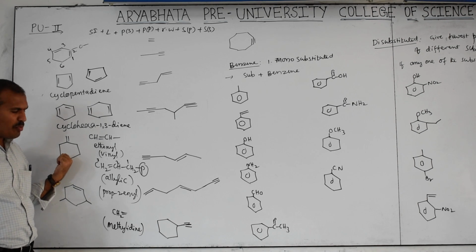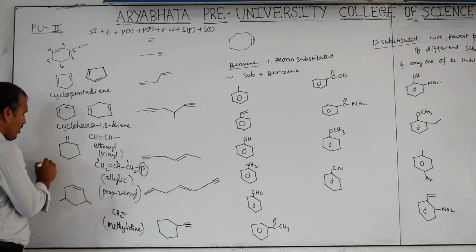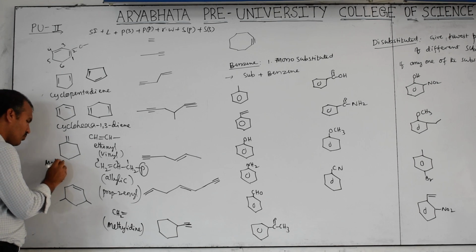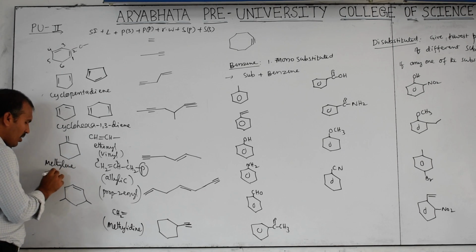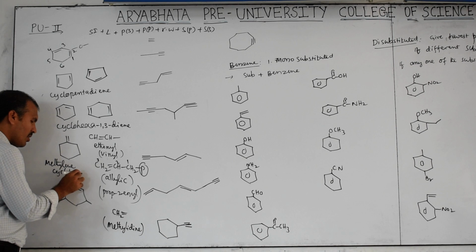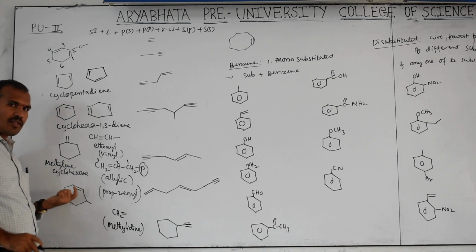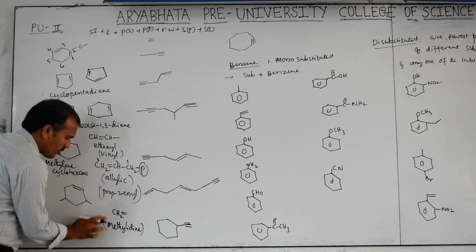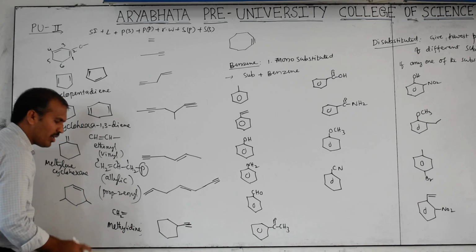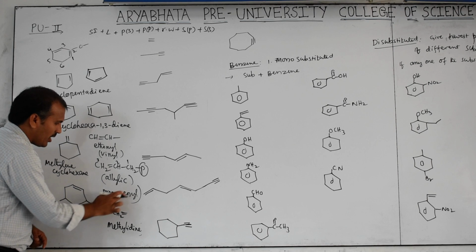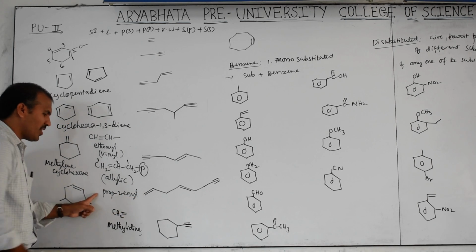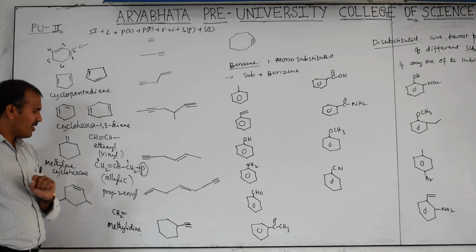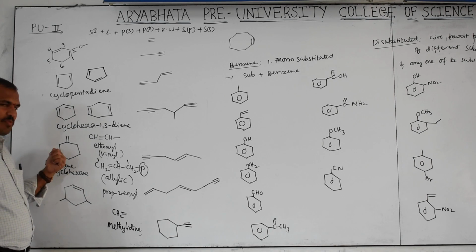Otherwise, some books also give methylenecyclohexane. The word methylene comes in the common name and methylidene comes in the IUPAC name. The common name should be written in brackets, and the IUPAC name is not written in brackets. Okay, so this part is completed.